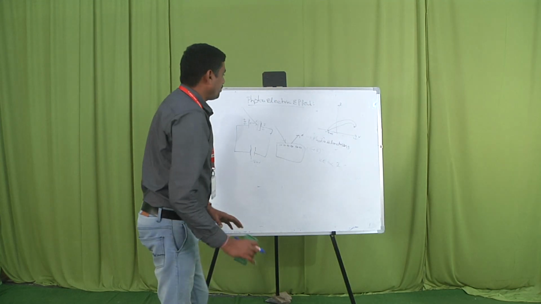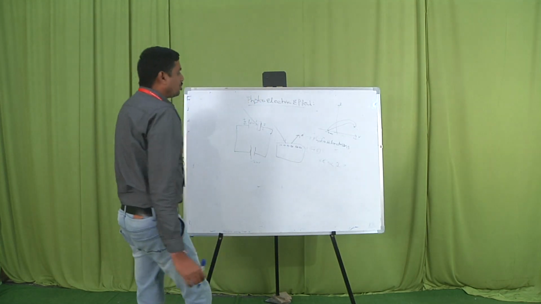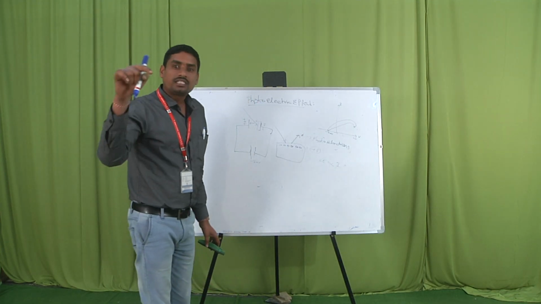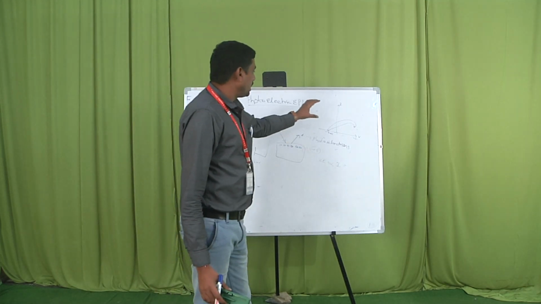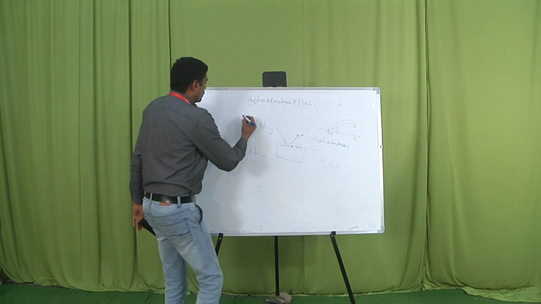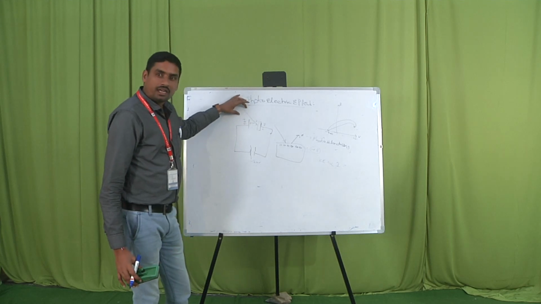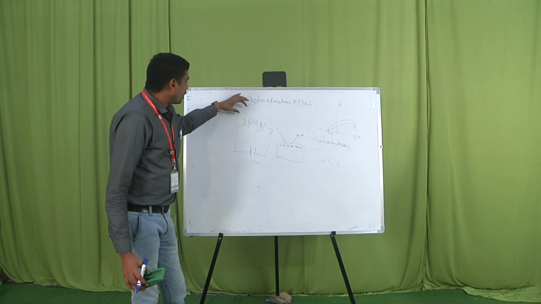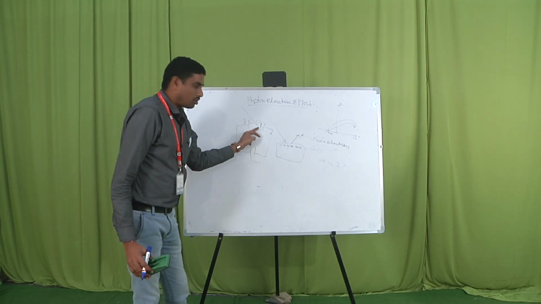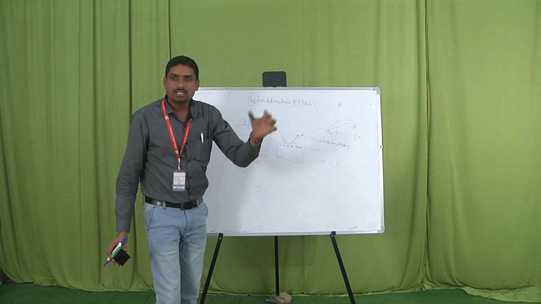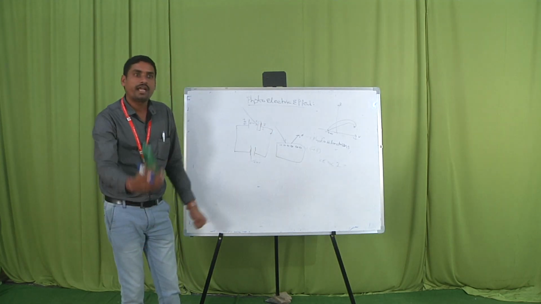Now Einstein came and proposed that this is not right. Actually we have to take the frequency of the incident light. When you take the frequency of the incident light, we are taking more energetic incident light. When more energy is given, it strikes the electron and the electron gets the kinetic energy.